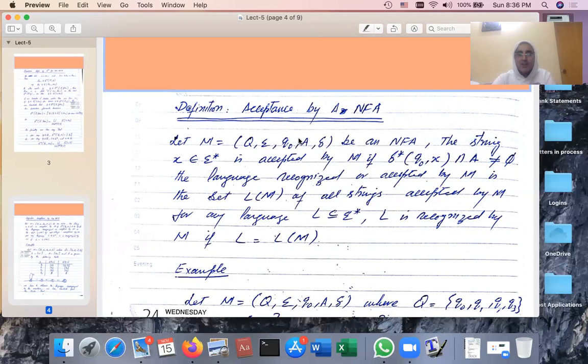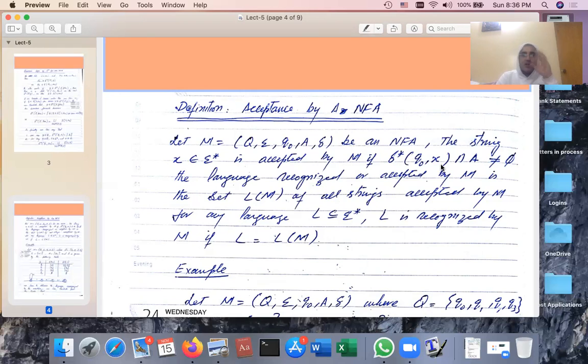If we have an NFA M and a string X, this string is accepted by M if delta star from the initial state Q0 and X, that is, if we process this string X and after applying multiple transitions, we reach some state.